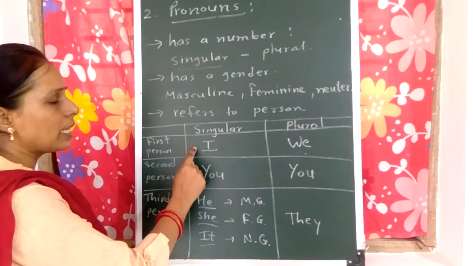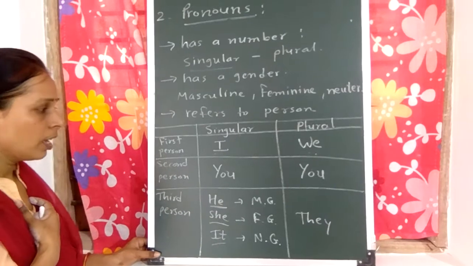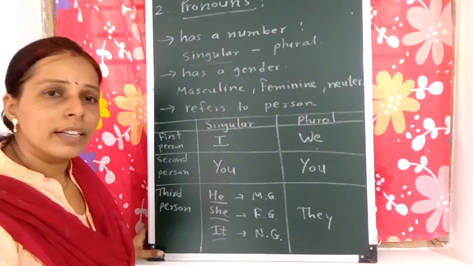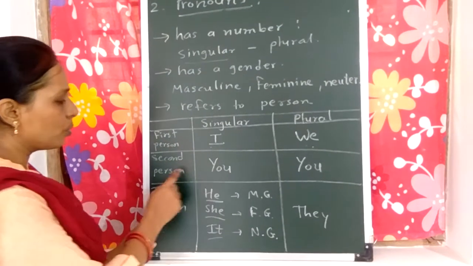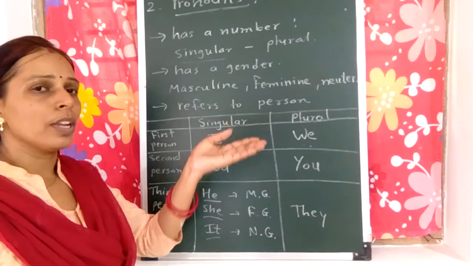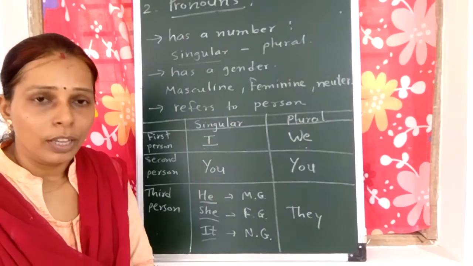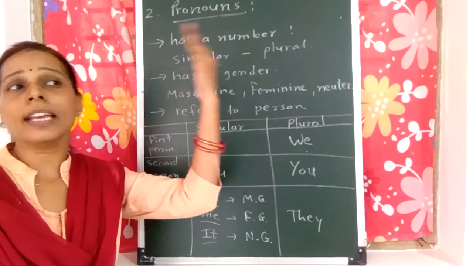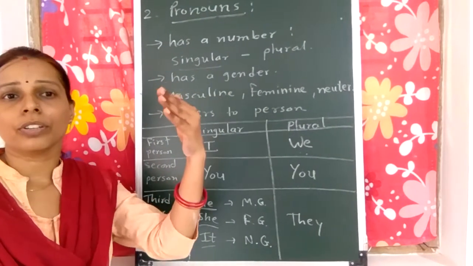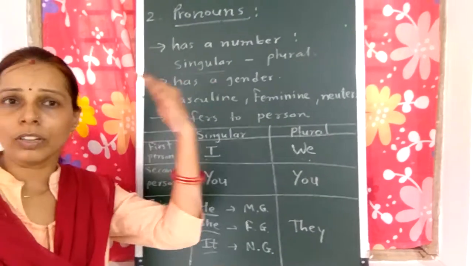Here first person means I. When I am speaking, I am the first person, right? Second person: I am talking with you, so you are the second person, so "you" is used for the second person. But when we talk about the third person, suppose in our class Yash is absent today, and I ask why he is absent today, right? I ask about Yash, that he is not present today. So when we talk about someone else, it is called the third person.